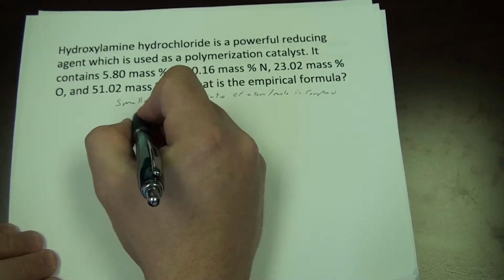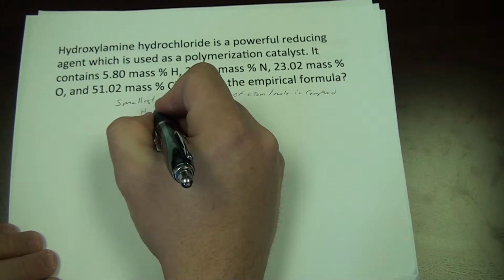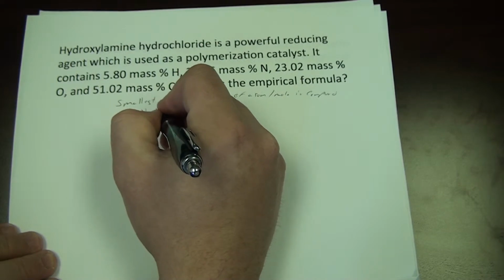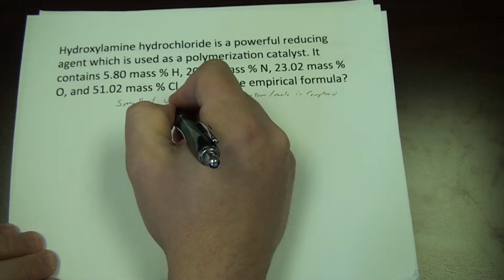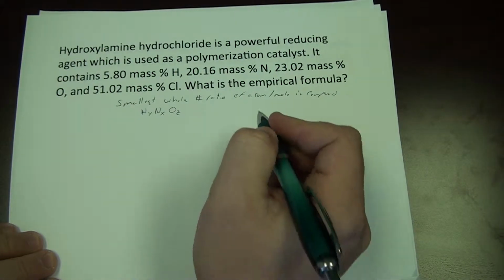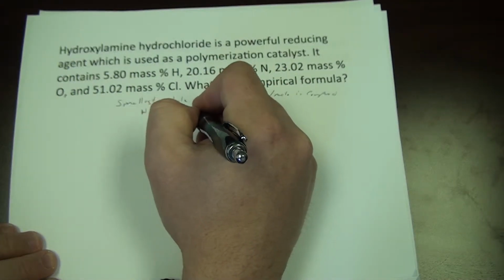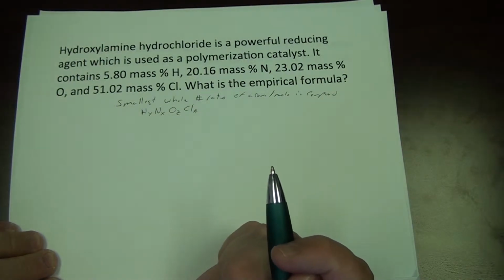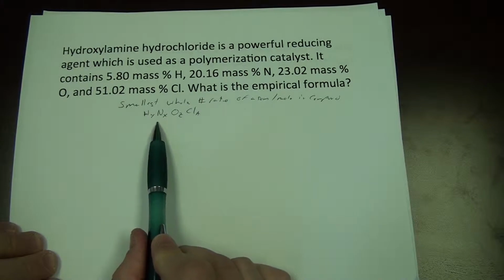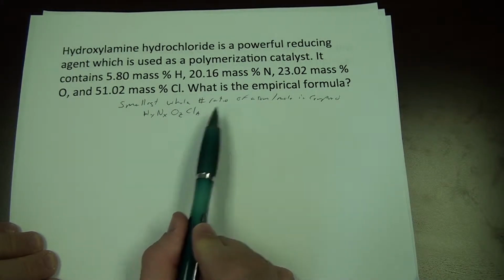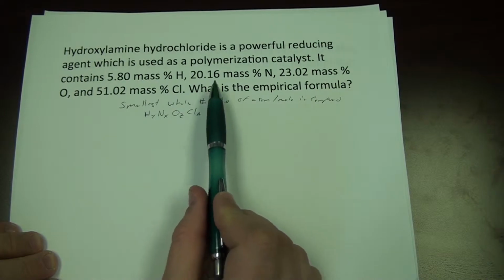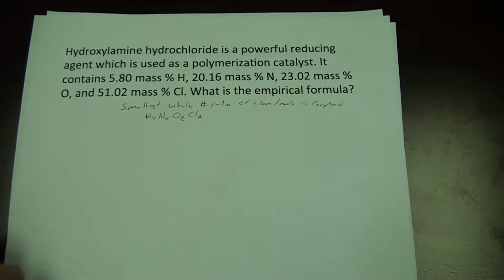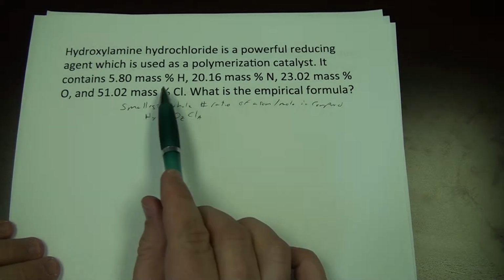Which means that we're solving for Y number of H's, X number of nitrogens, Z number of oxygens, and some number, which I'm going to call A, because we ran out of X, Y, Z, number of chlorines. What we're looking to solve for is these smallest whole number ratios, but we want it in moles. So we're going to find a way to convert from this mass percent into moles and then divide by the smallest.